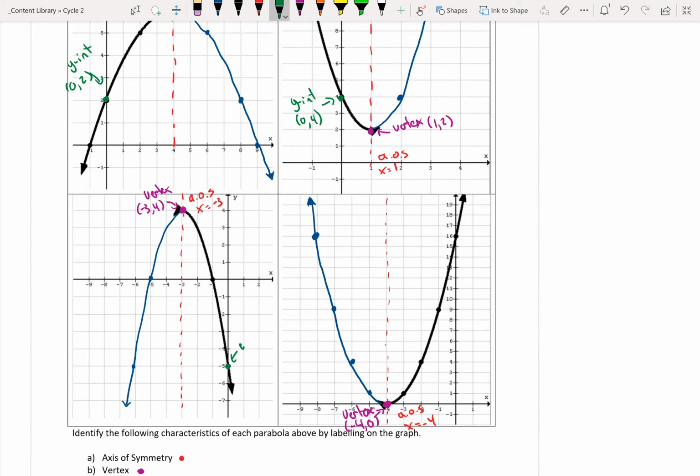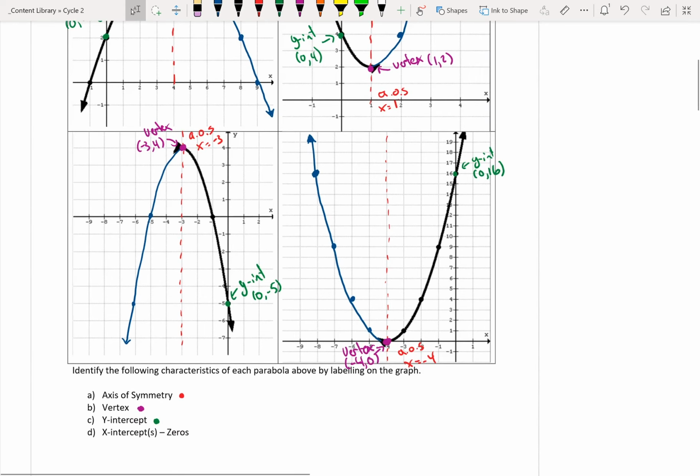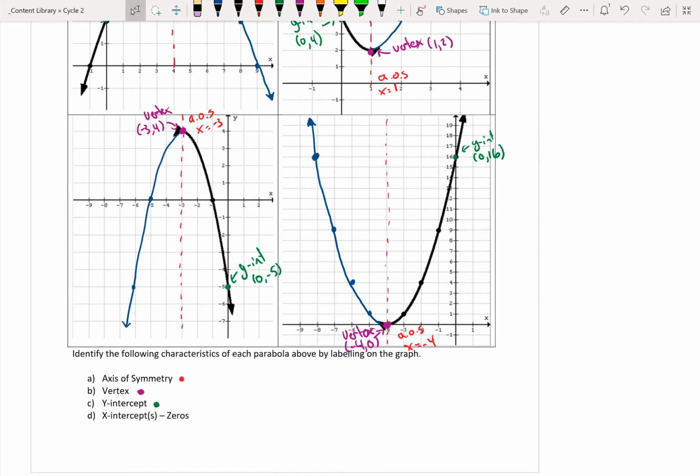Right here, (0, -5), and finally here, (0, 16). So those are our y-intercepts. Again, that should be fairly straightforward. It's where it crosses the line.